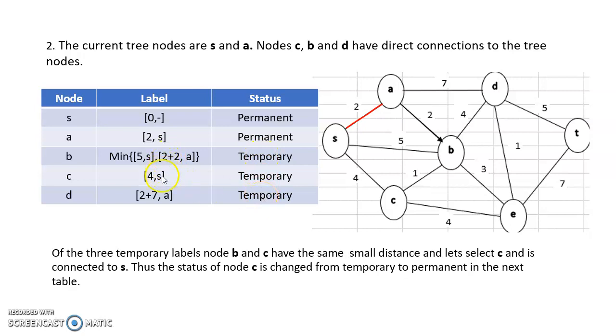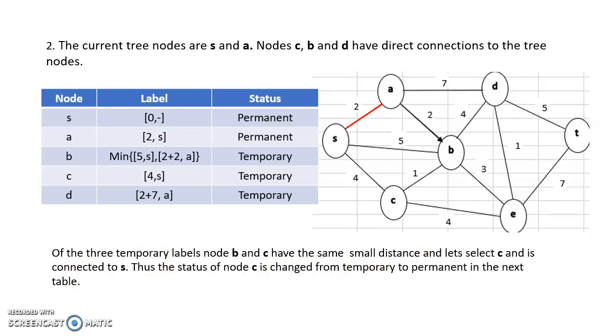For that, we select the minimum of this level, and the minimum is occurring in B and C. So we can select either B or C, and let us select C. You select C, remember C is going to be connected to S. So we are changing the status of C from temporary to permanent, and we introduce C in the tree in the next table.